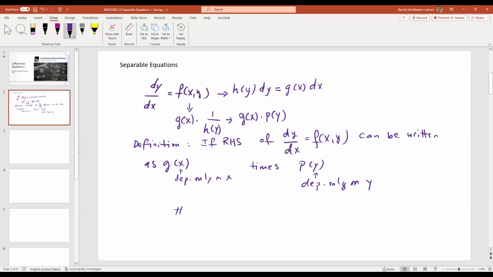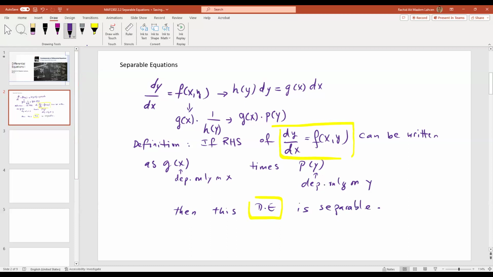Then this differential equation is separable, okay?